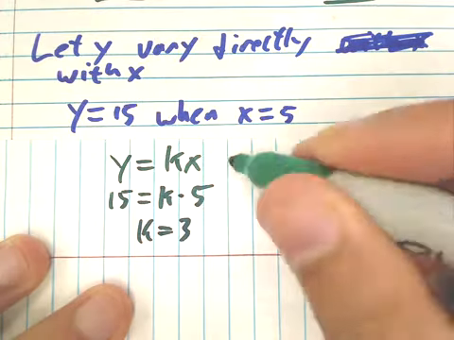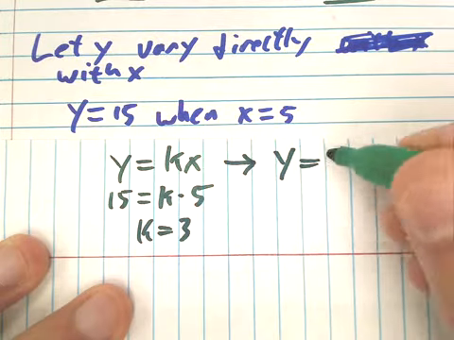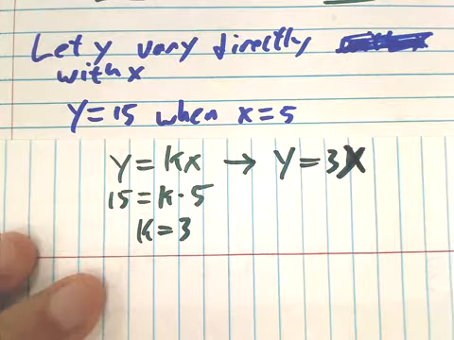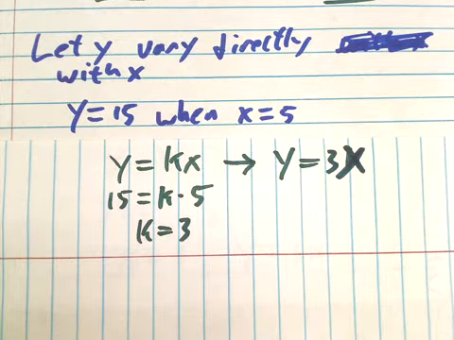So this equation is now going to be y equals 3x. Beautiful. So if it says let y vary directly with x and gives you some numbers, you can find the value of k by plugging them into y equals kx and solving for k. It should just be a step or two tops.